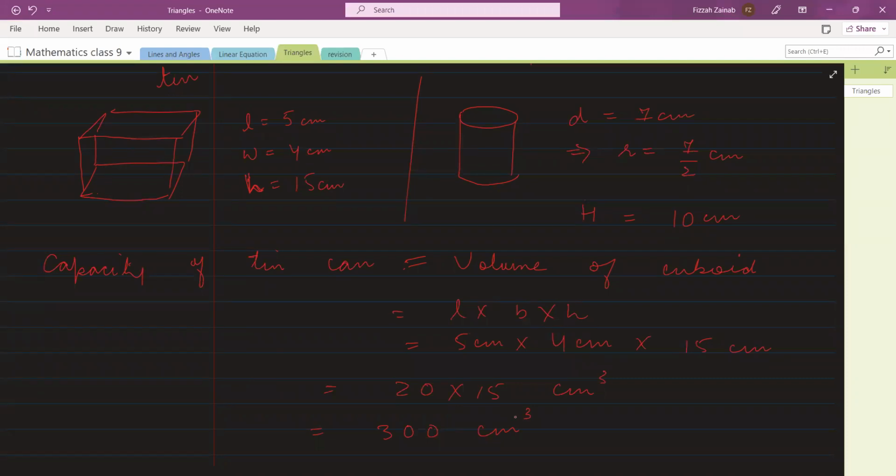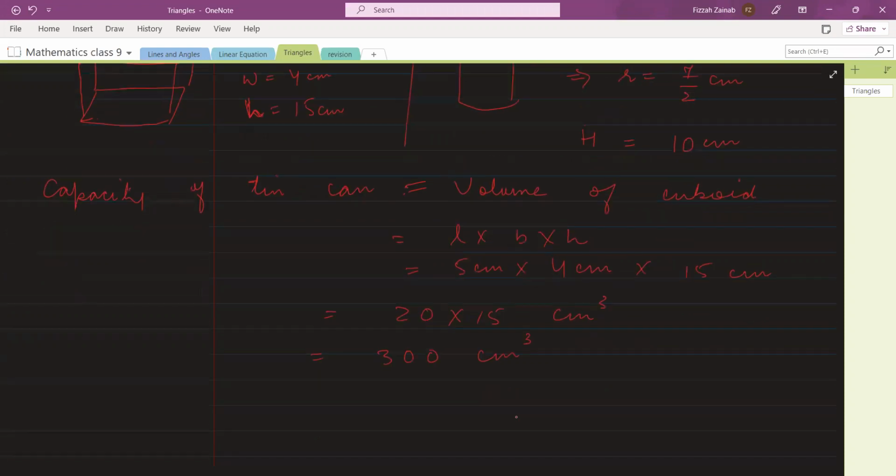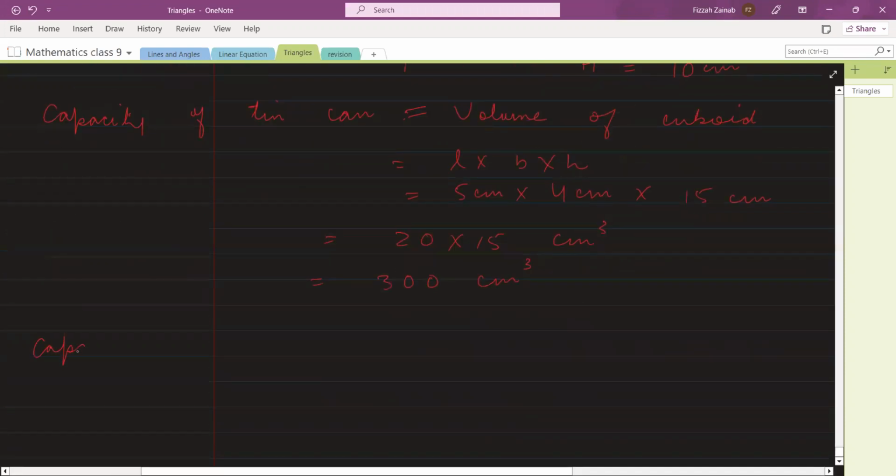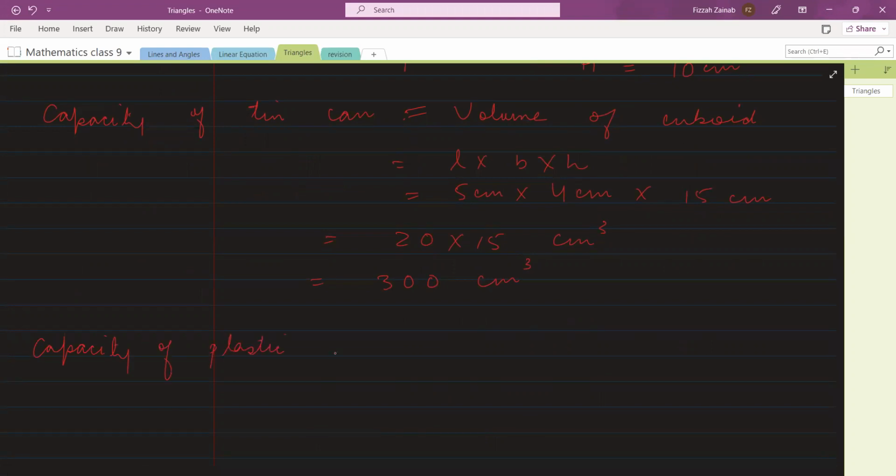Now next, capacity of plastic cylinder. So volume, that means pi r square h. H I'm denoting here. Pi, which is 22 by 7, into radius is 7 by 2, right? So 7 by 2 into 7 by 2 into height is 10 centimeter, which is given. So it will be in centimeter cube now.